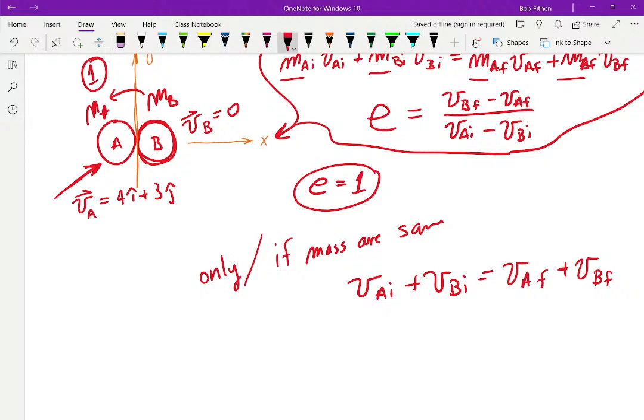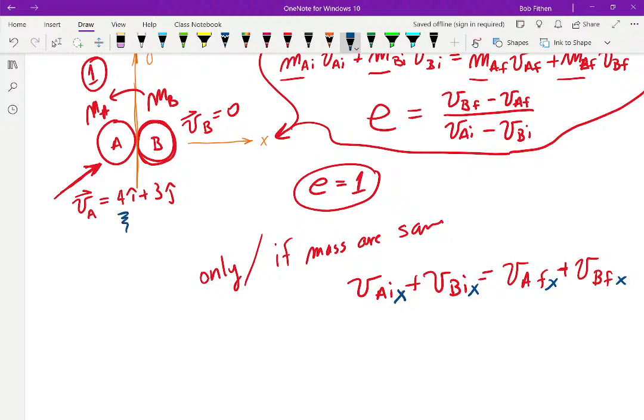Okay, this is along the impact. So let me emphasize that by putting this down. Or better yet, let's put it this way: along the impact. Now, along the impact, this occurs.